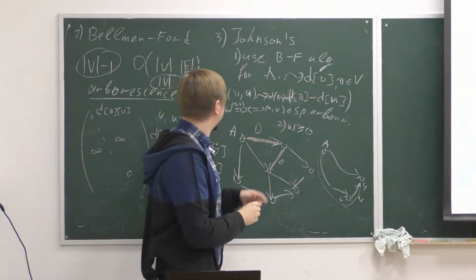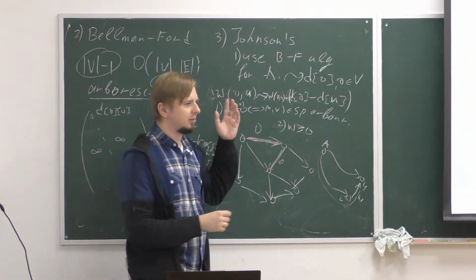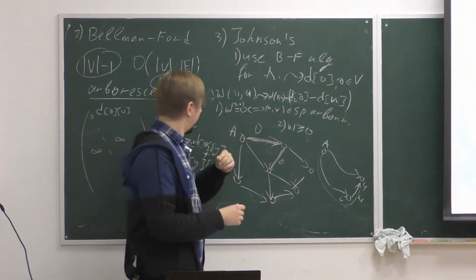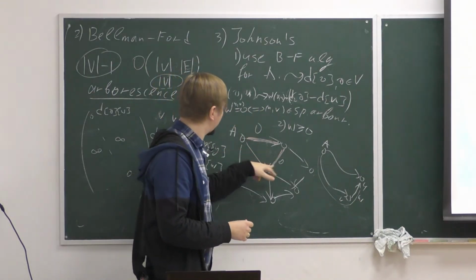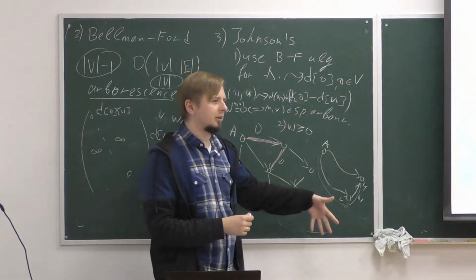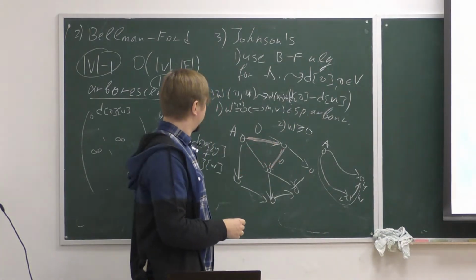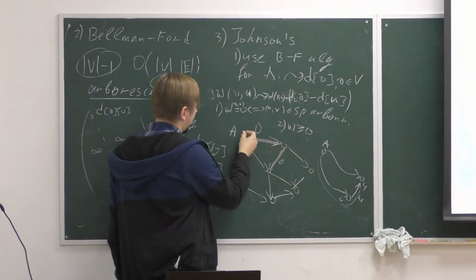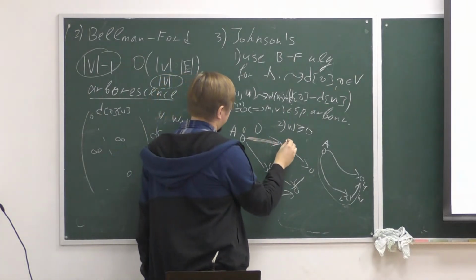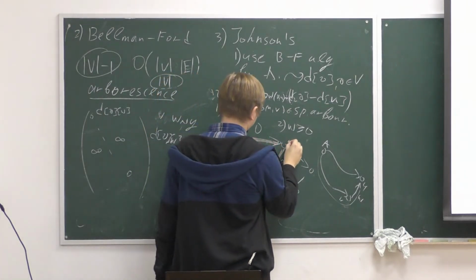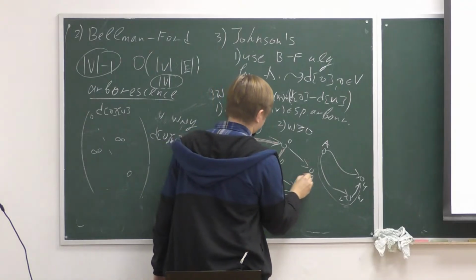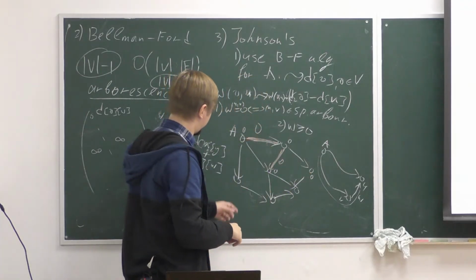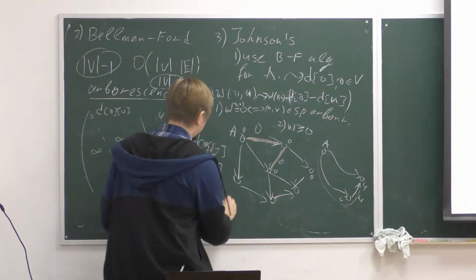Okay, so we construct a new graph with non-negative weights, and also we have 0 weights through the spanning arborescence.